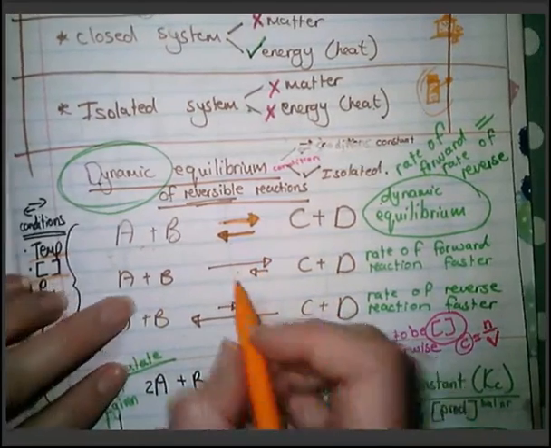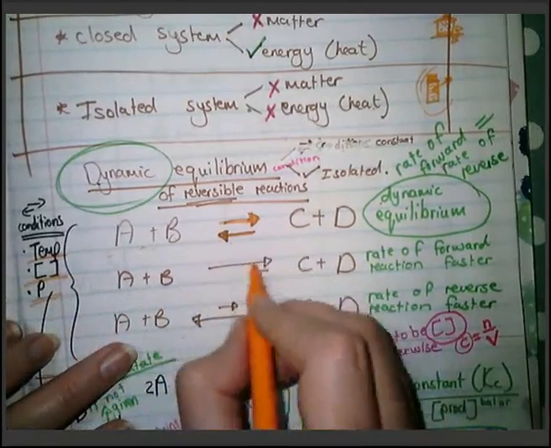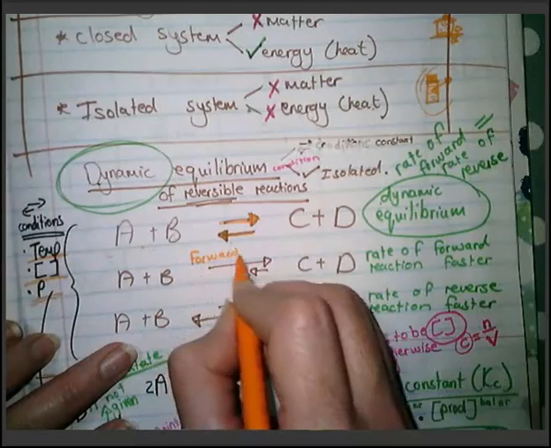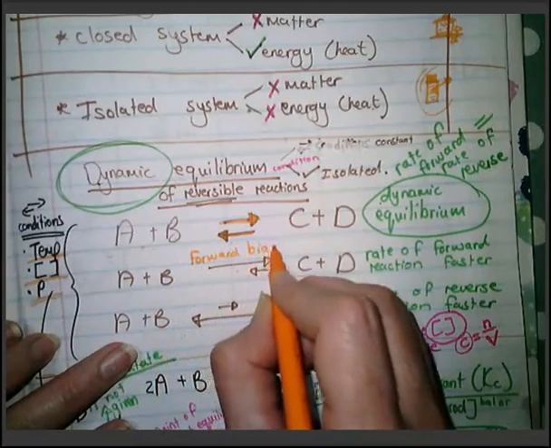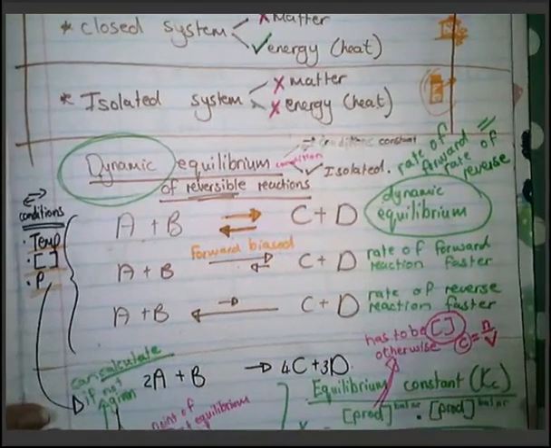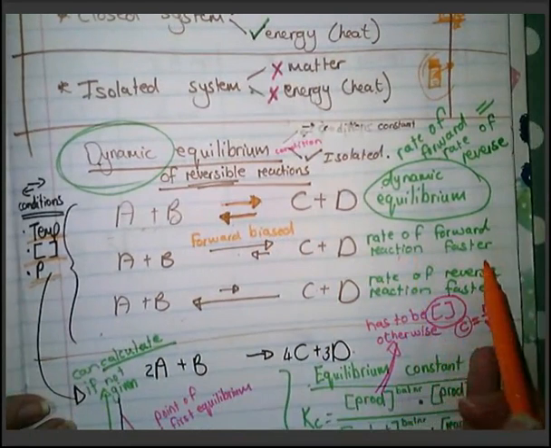So if we have a faster rate of the forward reaction, then we say that the forward reaction is biased. Okay, so the forward reaction is biased if the rate of the forward reaction is faster.